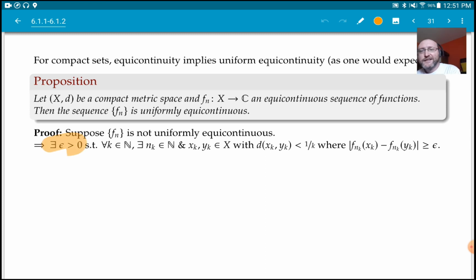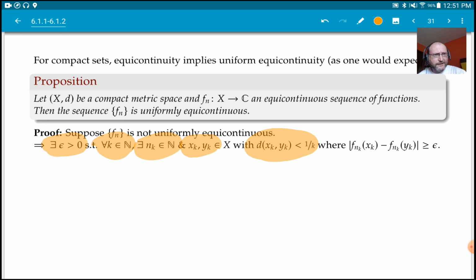That means that there exists an epsilon such that for every k, there is an index n sub k, so there exists a function in this sequence, and two points x sub k and y sub k that are within 1 over k of each other, so the distance is less than 1 over k.